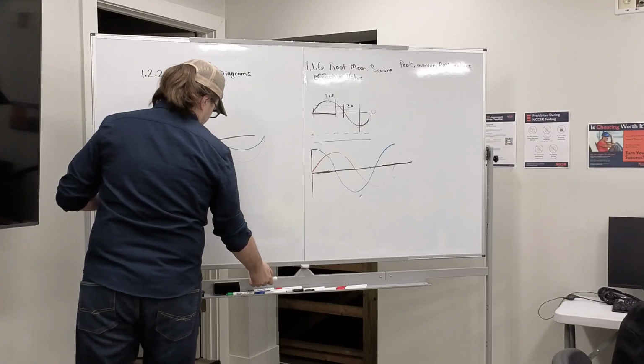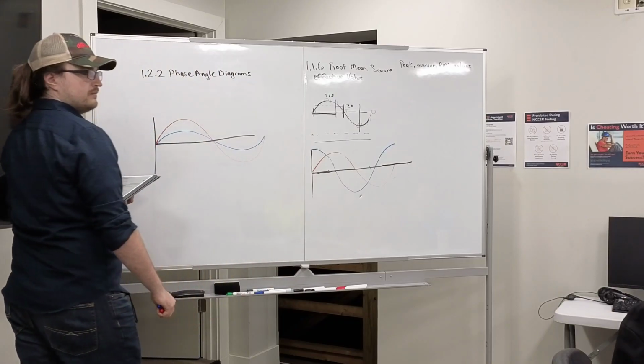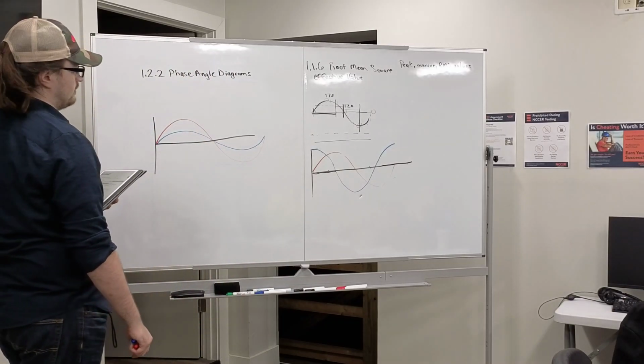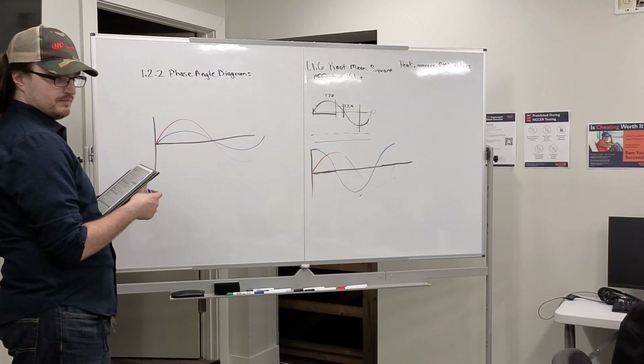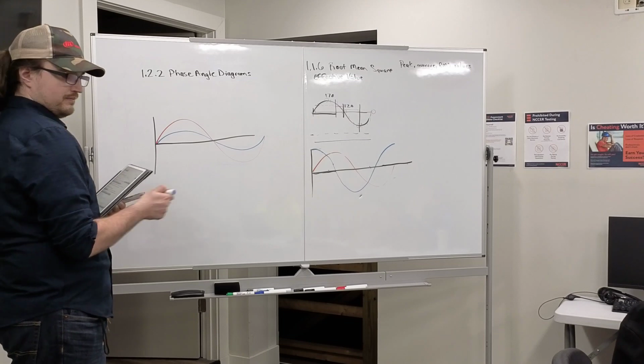What would the vector for these look like? It would be the same direction, but with a different magnitude.